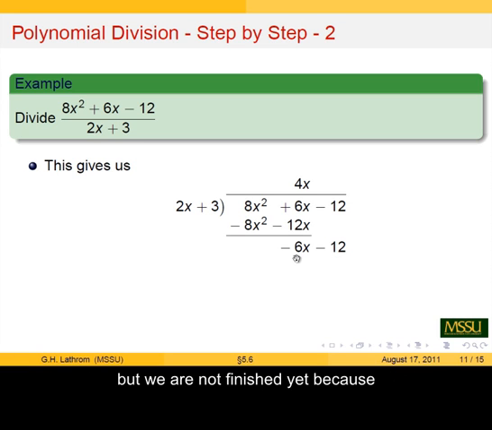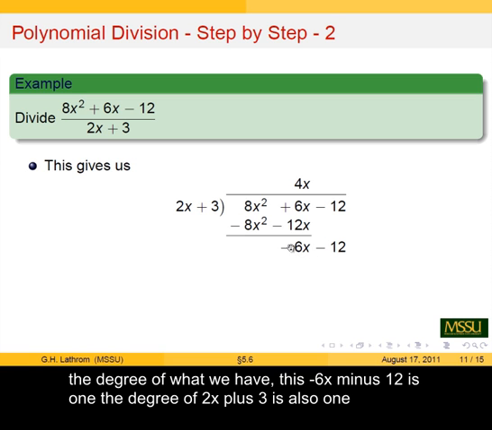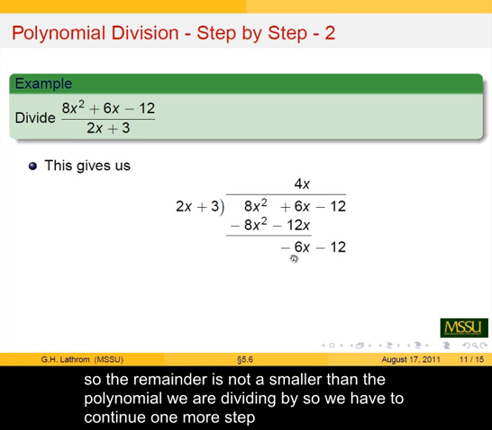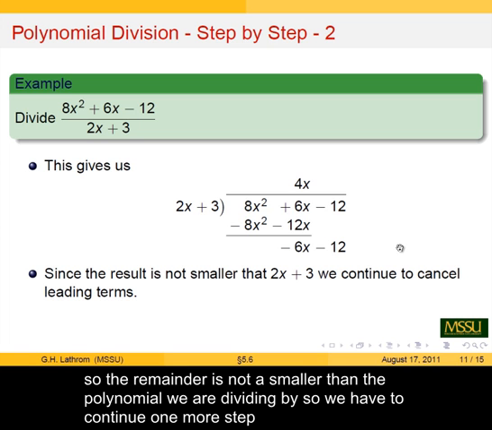But we aren't finished yet because the degree of what we have, negative 6x minus 12, is 1. The degree of 2x plus 3 is also 1. So what we have is not smaller than the thing we're dividing by, so we have to continue one more step.